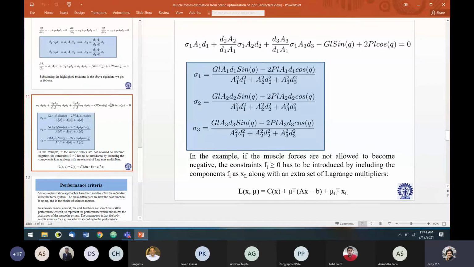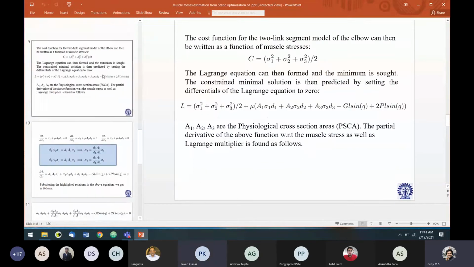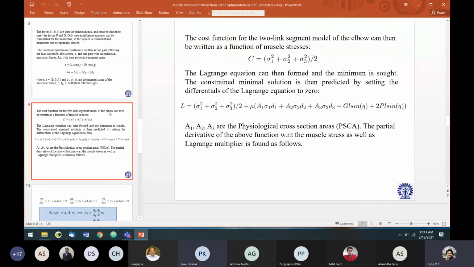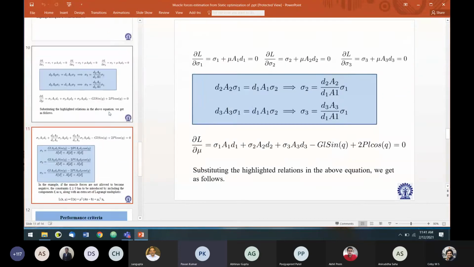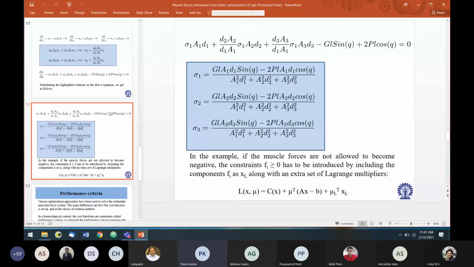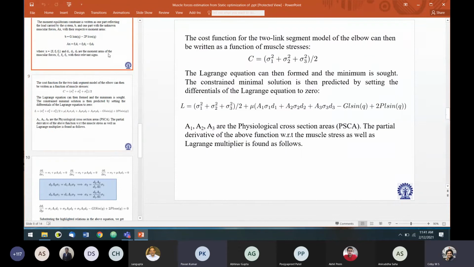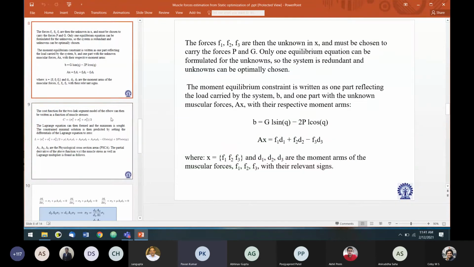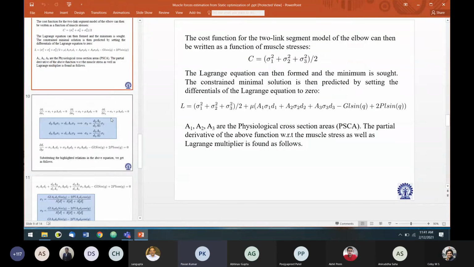Is it clear? Does anyone have any doubt? Sir, that non-negative constraint will include two more variables for each equation, one Lagrange multiplier and another slack variable. All the earlier constraint equations were equality constraints, but if you include an inequality constraint, then we have to use two variables for a single equation, the Lagrange multiplier as well as a slack variable.